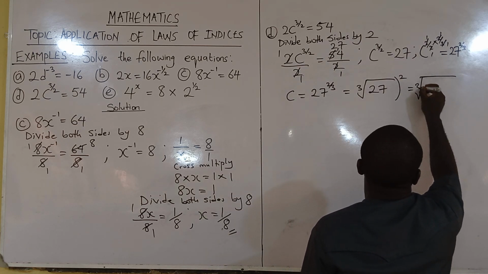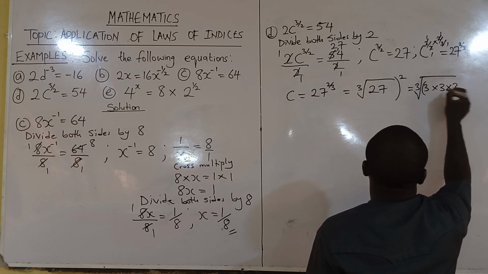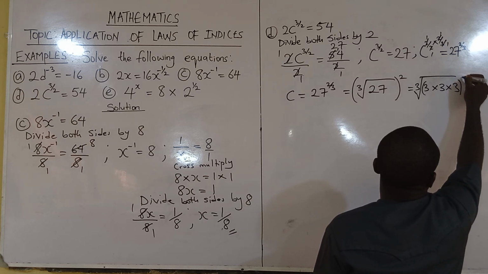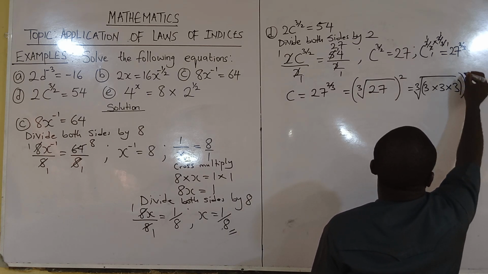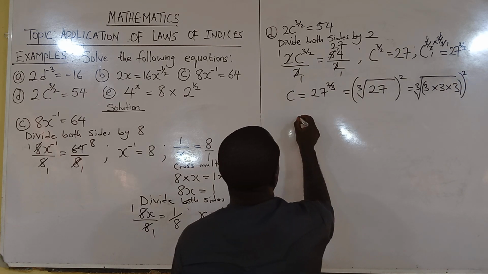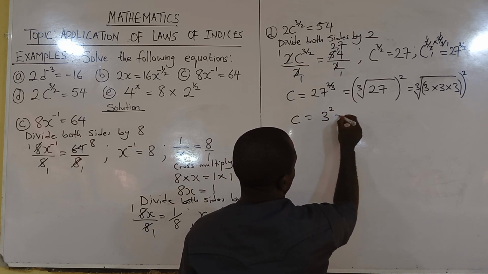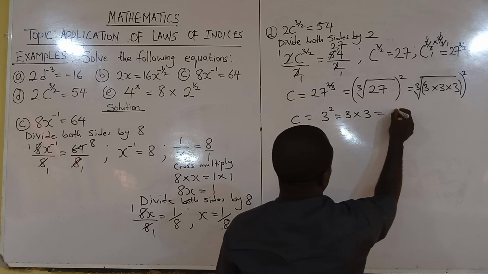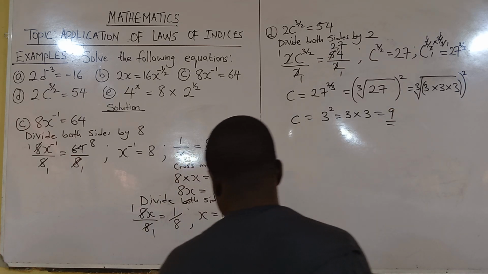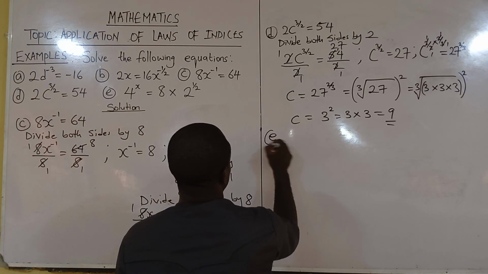You have 3 here, not 3 times 3 times 3. Now you put 2 here, that means we now pick one of the 3. C now equals 3 squared, which is 3 times 3, which is 9. Our C is 9.